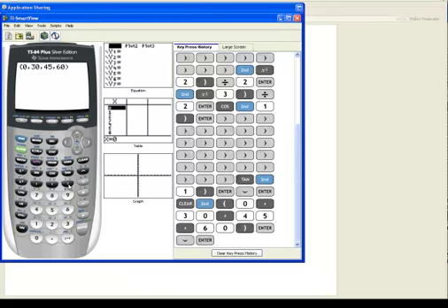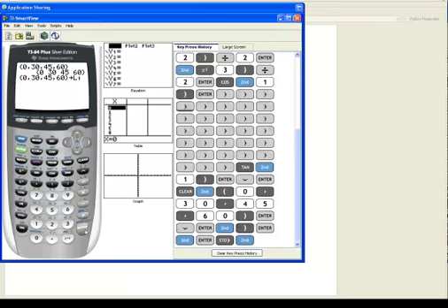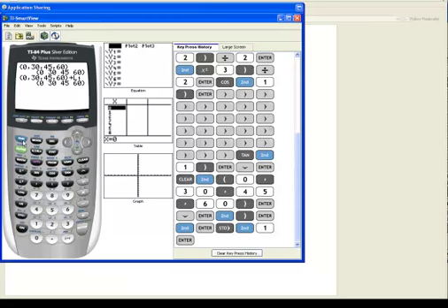Okay, now I made a mistake. It's supposed to be squiggly parentheses. And now store these as list 1. Take the tangent of list 1.